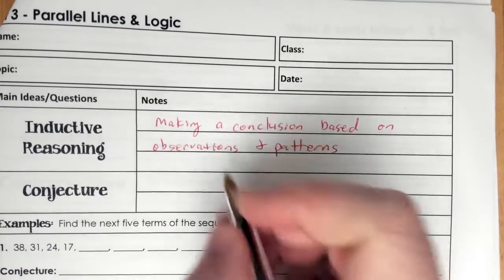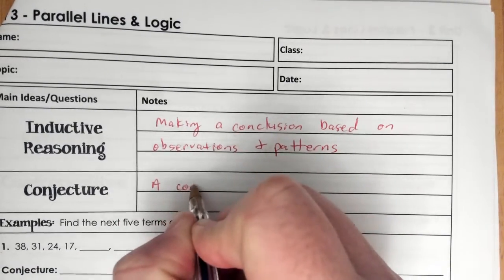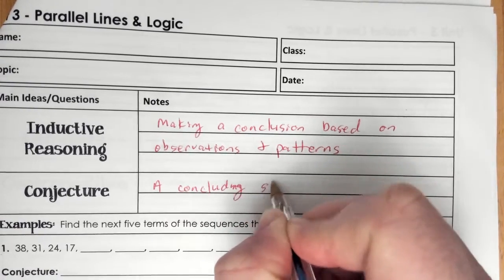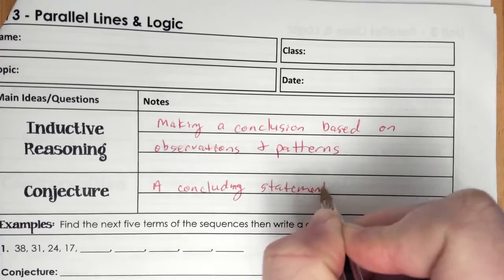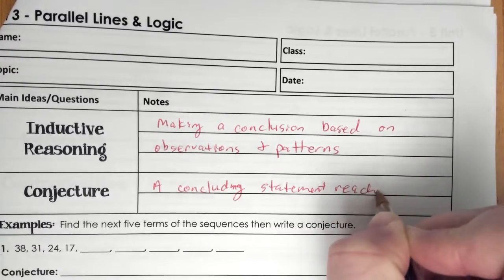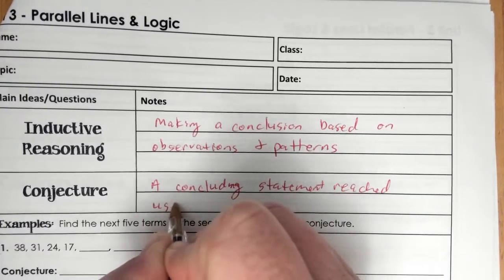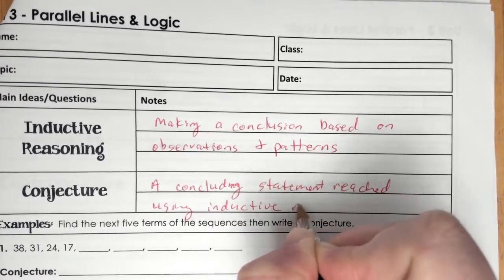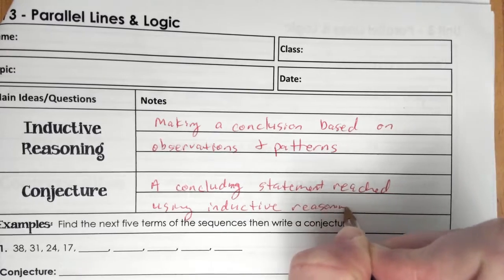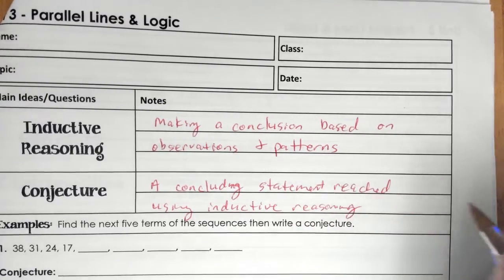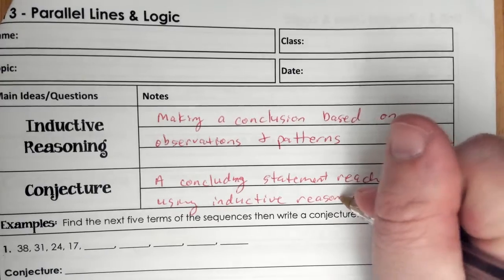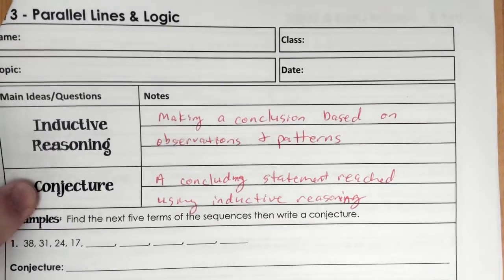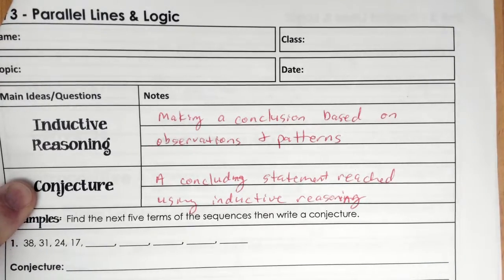So a conjecture is a concluding statement reached using inductive reasoning. All right, so all that happy jazz. Okay, so we saw a pattern, and now we are going to make a sentence about that pattern.